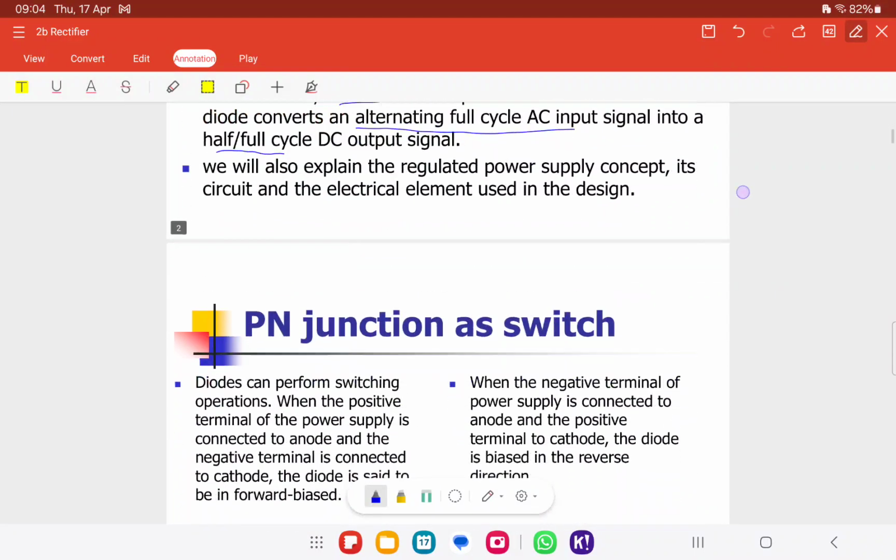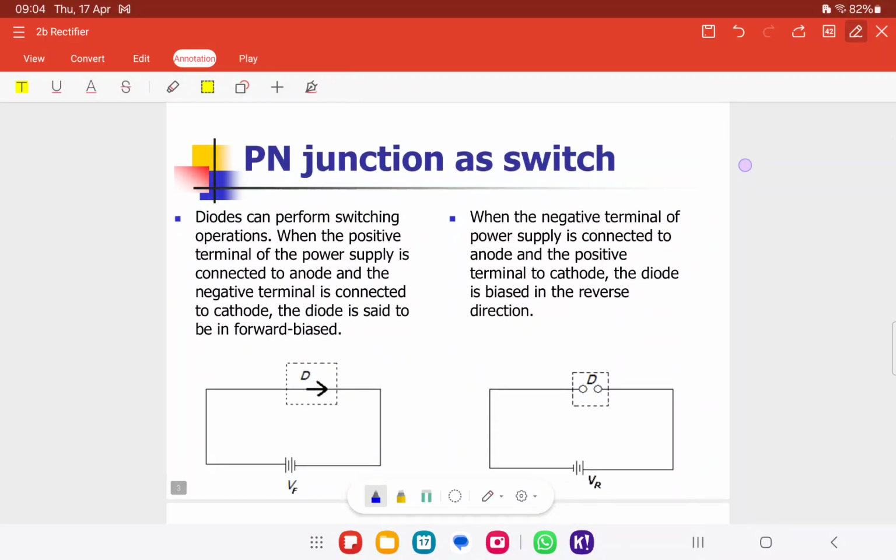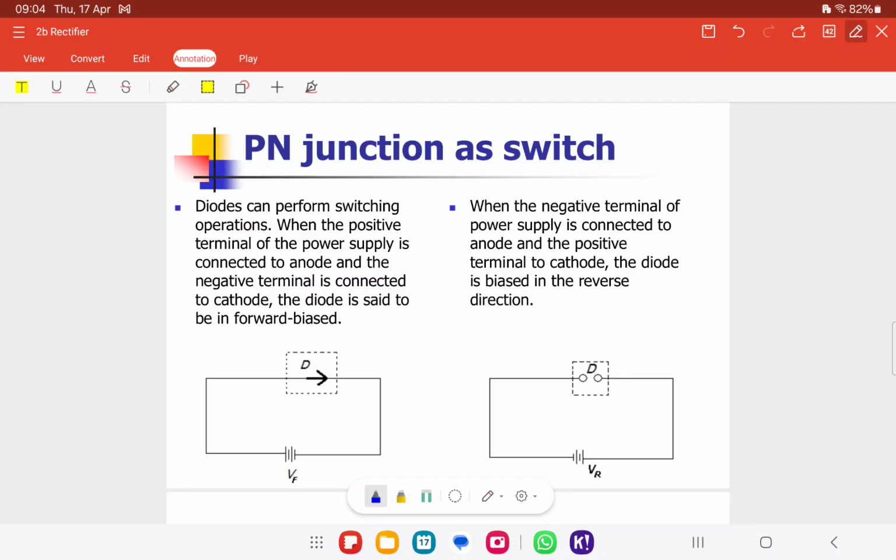Alright. Okay, so this is what we have learned previously: once we have the diode, we have P type and N type. Okay, from the intrinsic we can get the extrinsic. So the extrinsic will have P type and N type. I hope that you guys still remember. Okay, and then the diode we can use as switch.